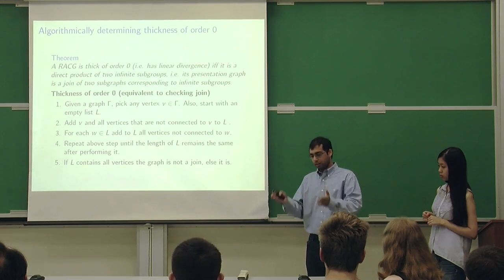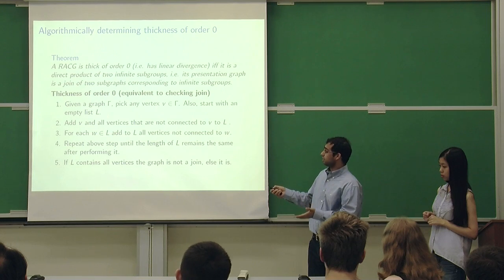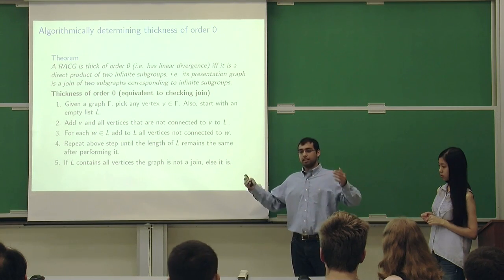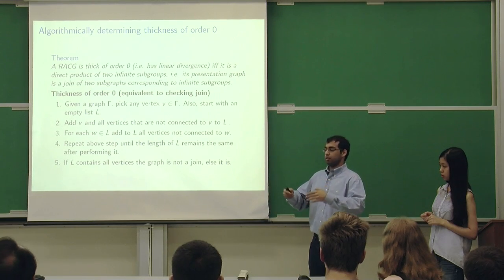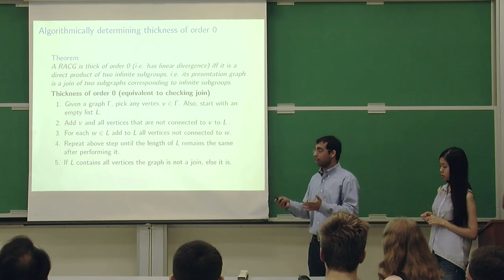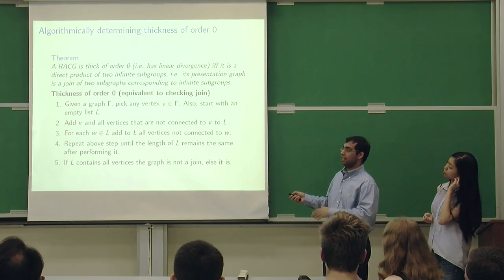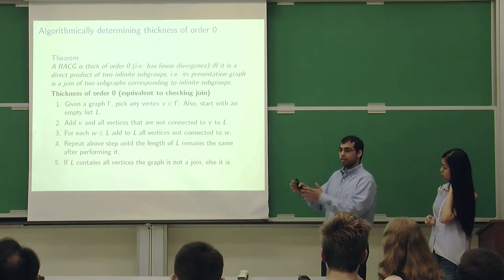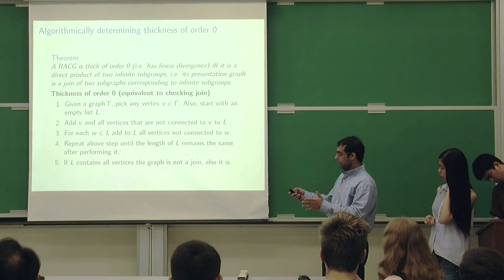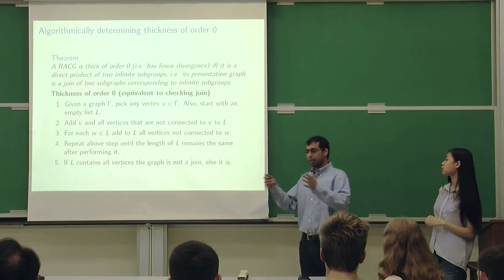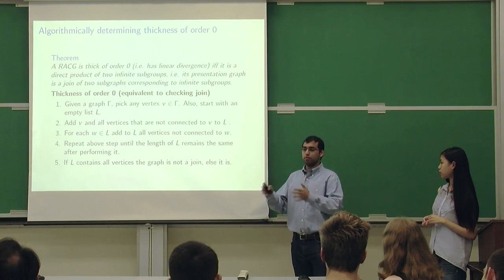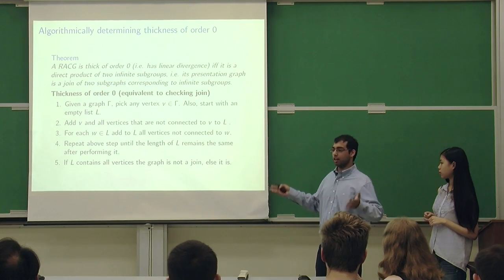So you start with a vertex V and add it to this list L. Then you keep adding all the other vertices that must be in the same join component. It starts with all the vertices that are not connected to V, and then you keep going. Say you have 5 new vertices there; you check each of those and add all the vertices that are not connected to those. So you're building up one join component, using the logic that a vertex is in the same join component for sure if it's not connected.